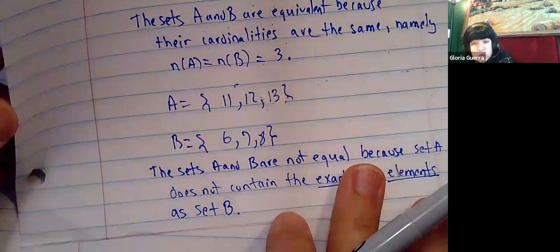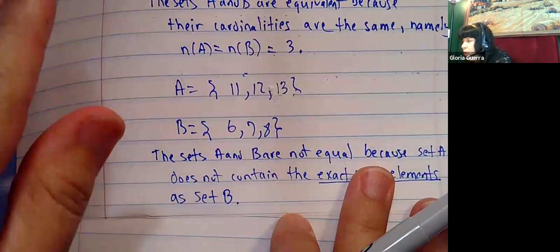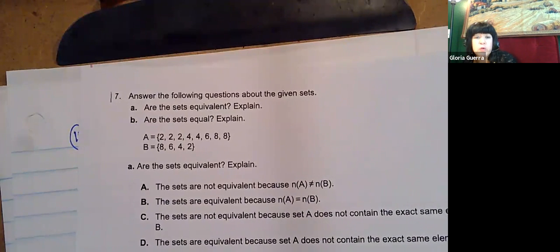Okay, so let's do 17, which is another one like this. So are the sets equivalent? Are the sets equal? And then here are your sets.